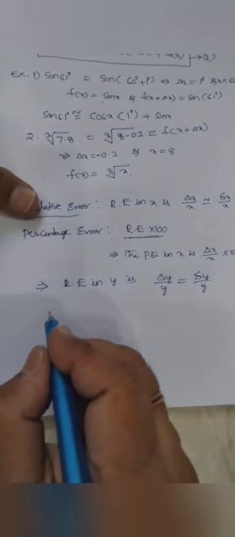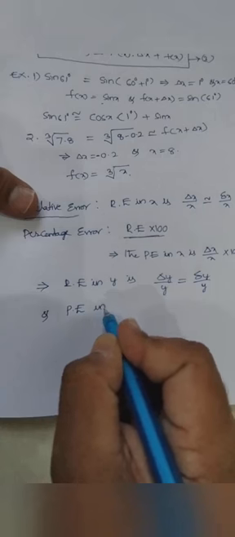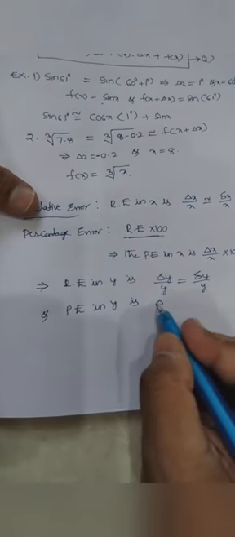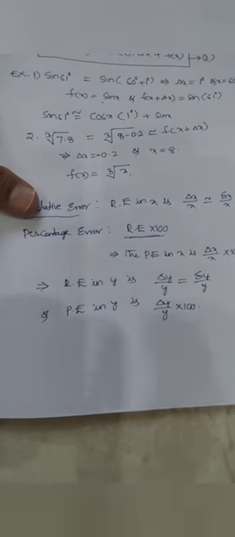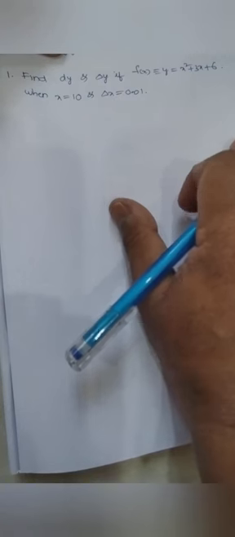Okay, and percentage error in y is delta y by y into 100. So up to now we find three formulas: delta y and dy and f of x plus delta x. So these three formulas are going to lead in this chapter, errors and approximation.